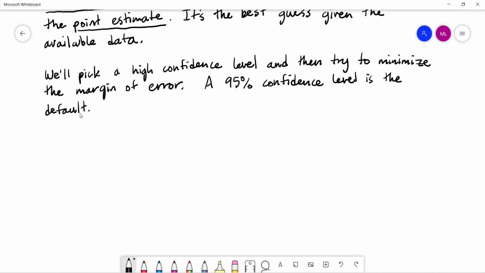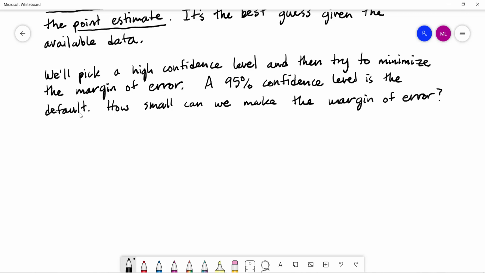A 95% confidence level is the default. How small can we make the margin of error? So that's the question, and we are going to use math. We're going to use statistics to figure this out.